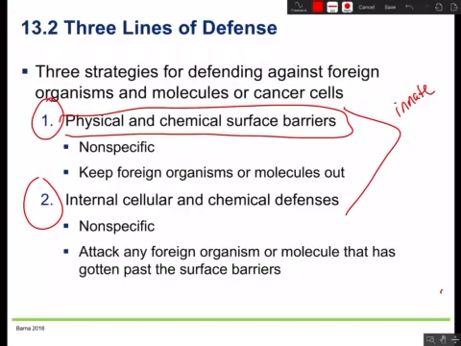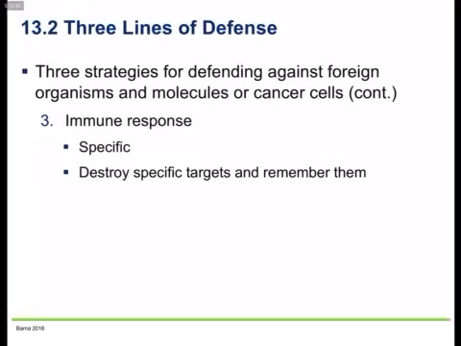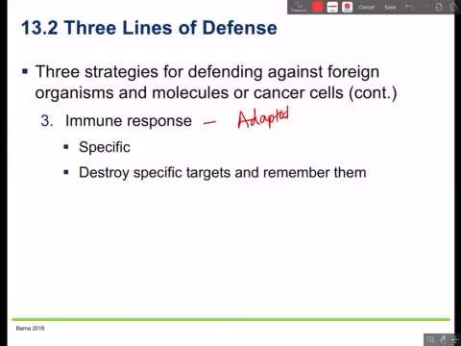The next line of defense, your third line of defense, is also called your adaptive defense. It's called adaptive because over time, your body learns how to fight diseases. It learns over time, and it's very specific. So you find that kids are sick quite often, and because of that, their body is learning the first time around to some of these pathogens.